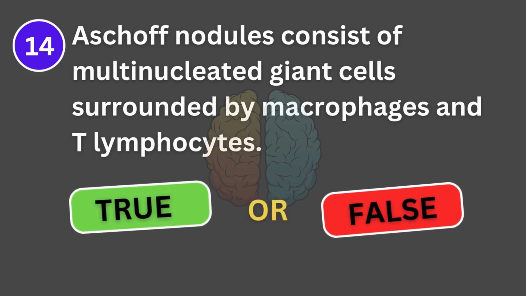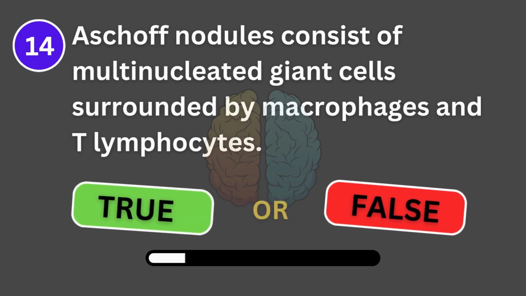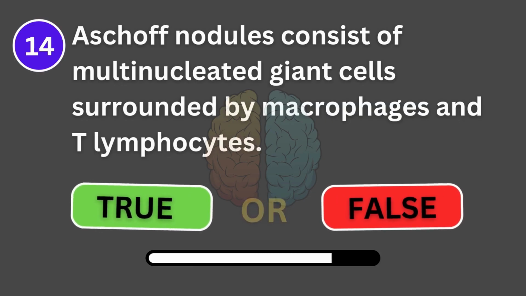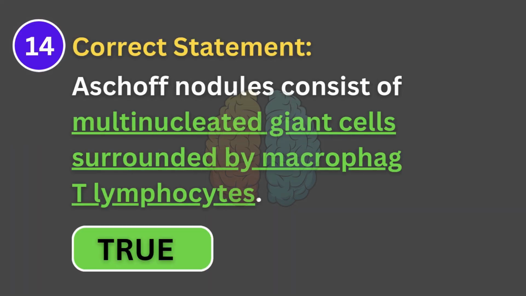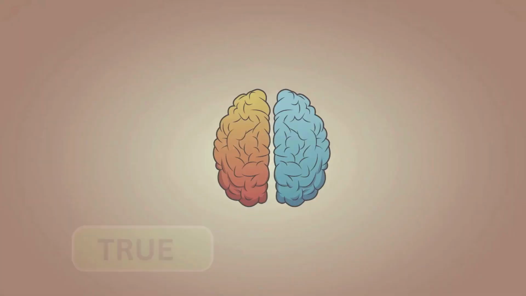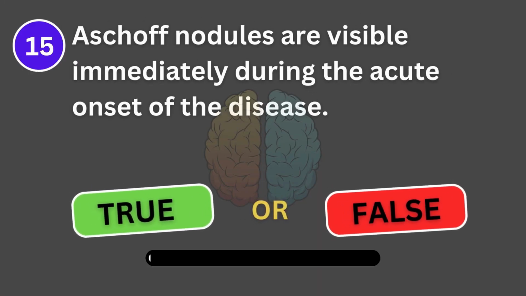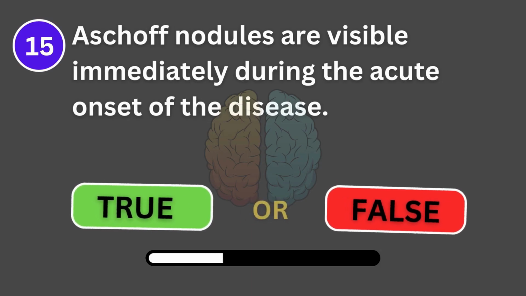Aschoff nodules consist of multinucleated giant cells surrounded by macrophages and T lymphocytes. Aschoff nodules are visible immediately during the acute onset of the disease.